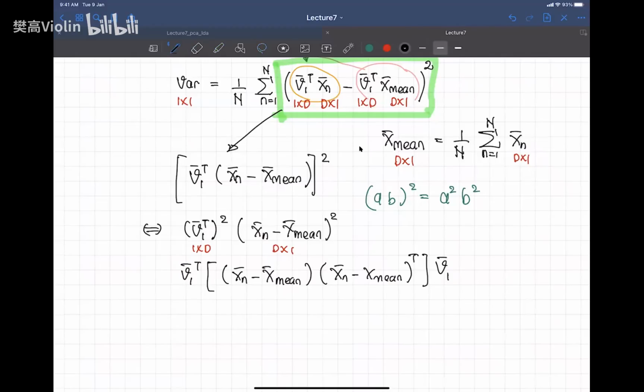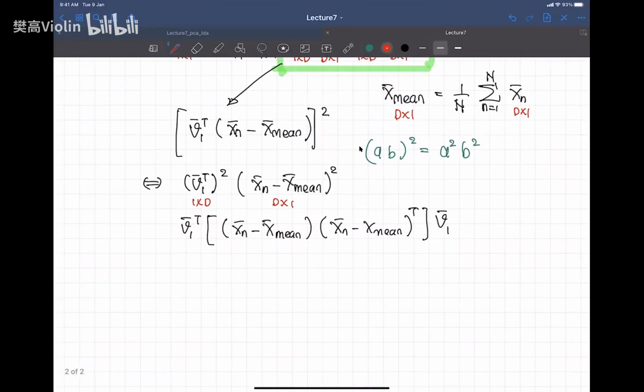If you look at the dimensionality here, this is 1 by d, the whole thing here is d by 1, this one is 1 by d, this one is d by 1. So in the end, it is 1 by 1. Any questions so far?